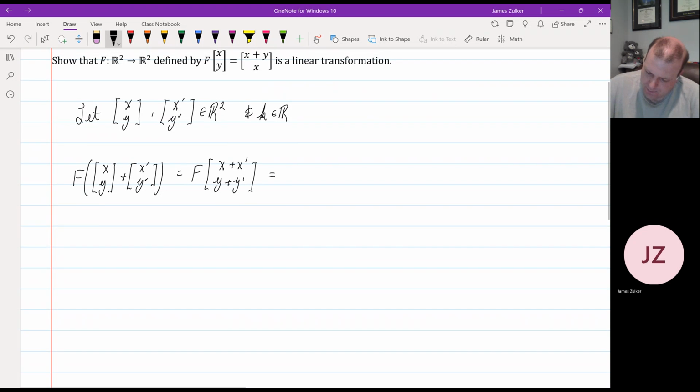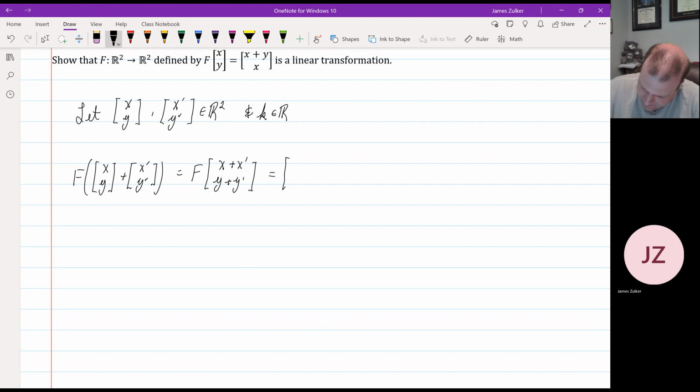Now, by the definition of the transformation, this will give us (x plus x prime plus y plus y prime, x plus x prime).